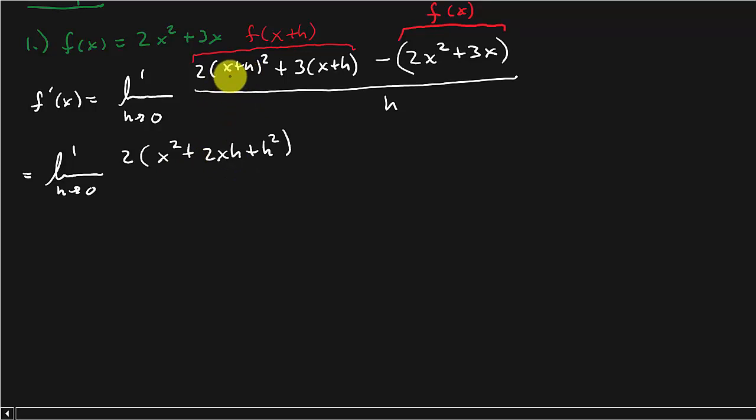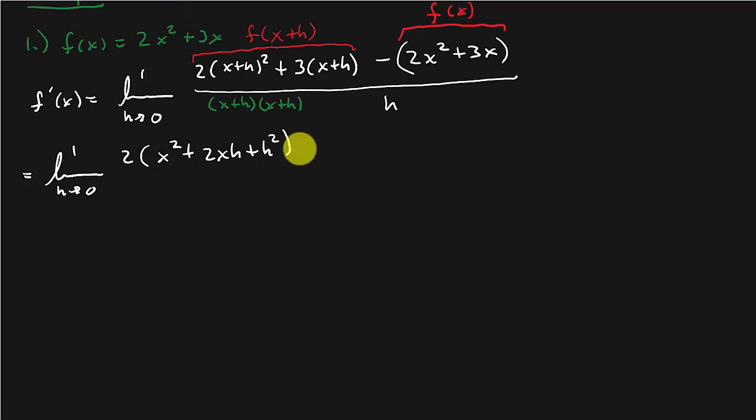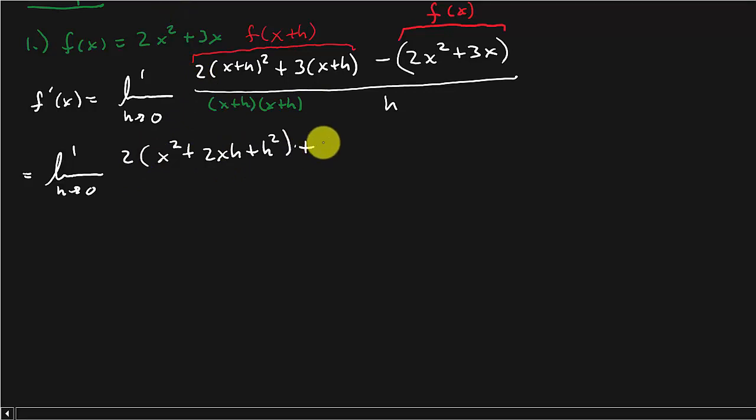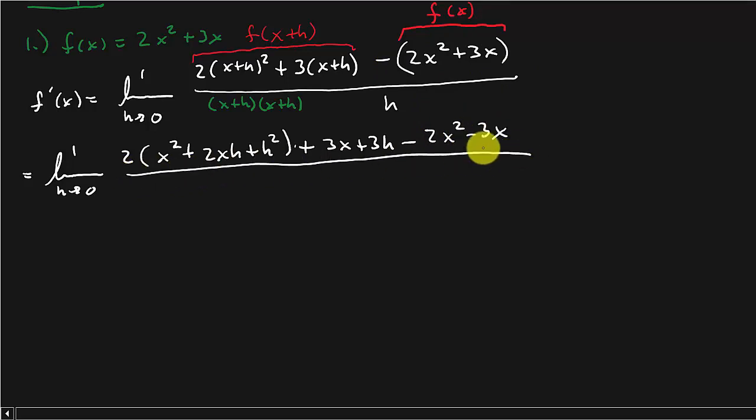Remember, x plus h squared is what? x plus h times x plus h. And I just multiplied that out. And then I've got 2 times that. And then plus 3x plus 3h, distribute the 3. And then I'm going to distribute the negative, 2x squared minus 3x, and all that over h.